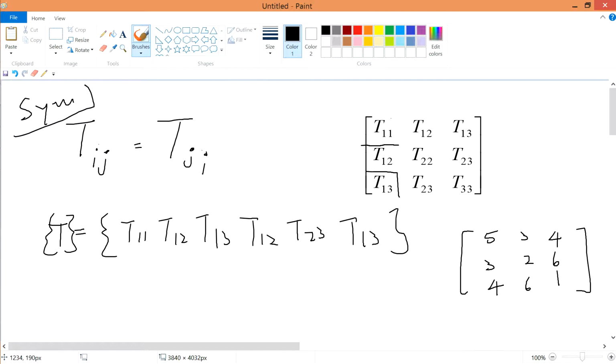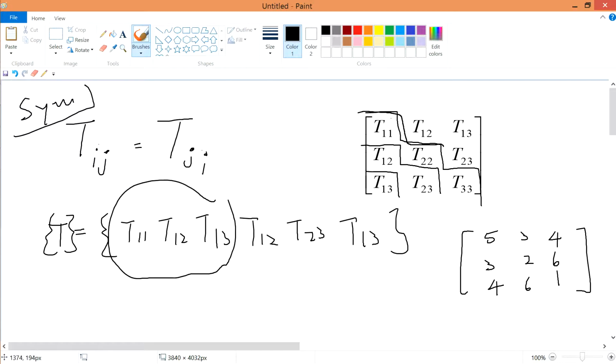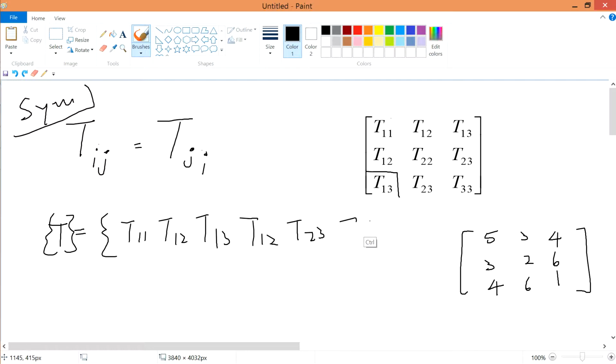So I can represent these matrices in terms of the symmetry like this. This portion over here is the skyline in terms of T11 and this one. And then T12 and T23 are in terms of the skyline, and so on and so forth. I hope this is pretty clear for you. When you write this in terms of transpose, it expresses your whole symmetric matrix in this one form, and then it's easier to write in terms of coding.